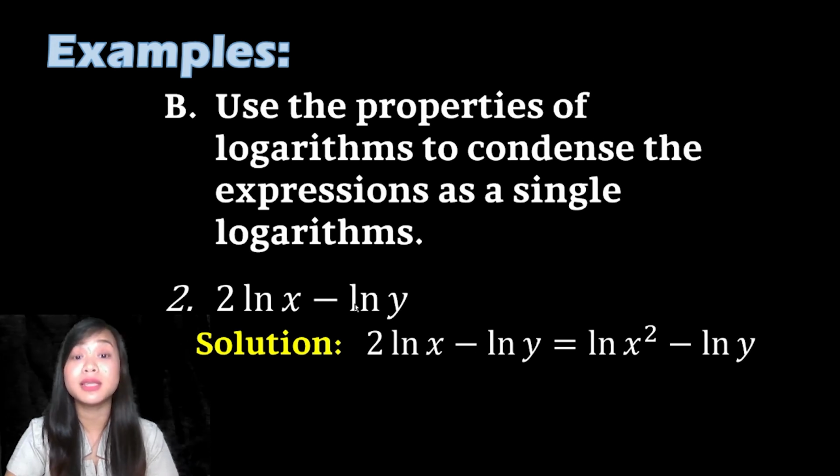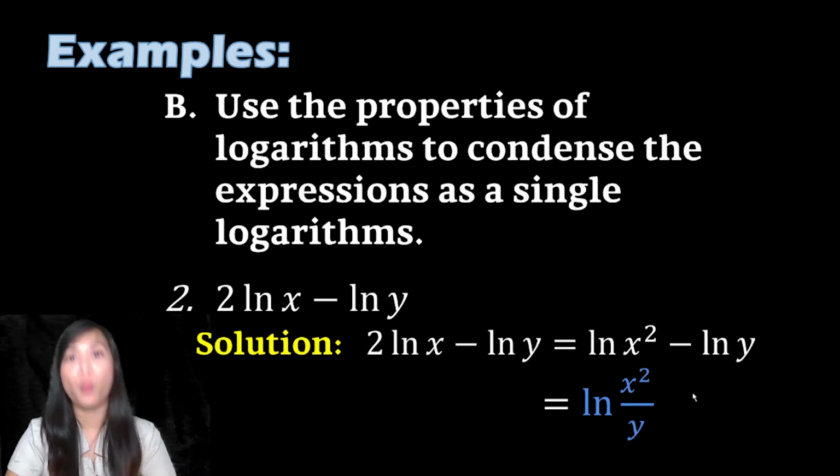First, let's apply the power rule. We can write x raised to 2. So we have ln x squared minus ln y. Then apply the quotient rule, we have ln x squared over y.